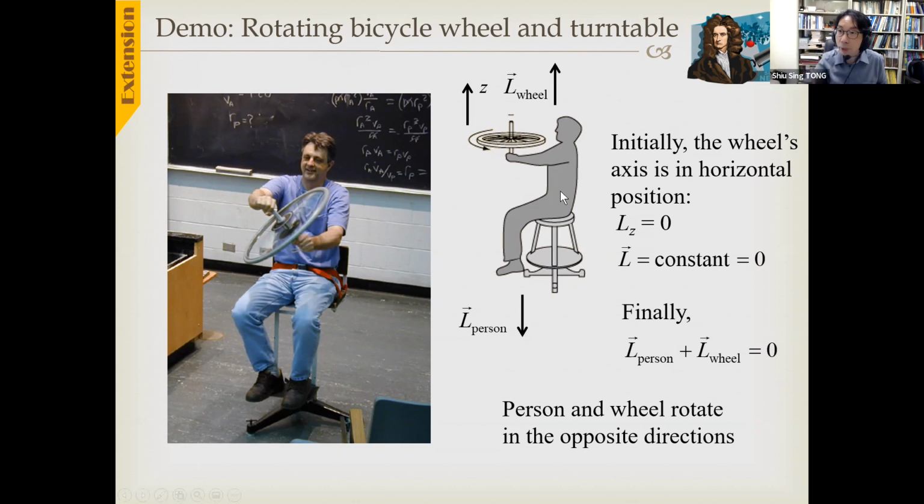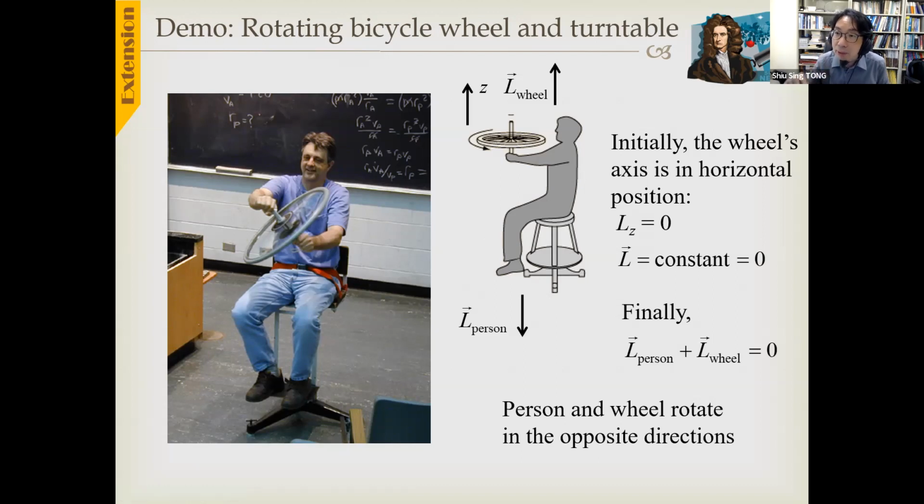But in the vertical direction, because the chair is free to rotate about the vertical axis, the angular momentum about the vertical direction is conserved because there's no external torque. We assume that there's no friction and the chair is rotating freely. So in the vertical direction, the angular momentum is conserved.